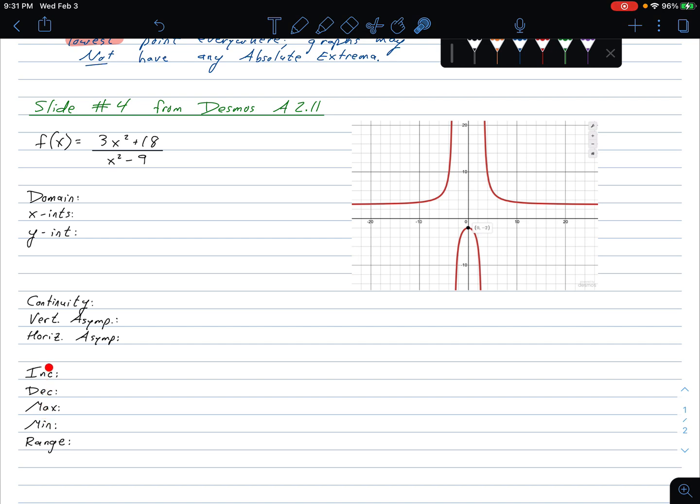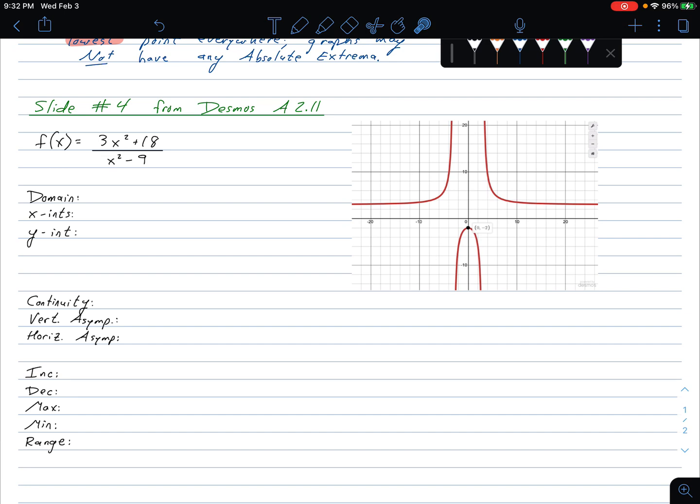So instead of having increasing, decreasing, then asymptotes, then max and mins, I put these 2 together, asymptotes, because that's related to continuity and domain. Increasing, decreasing, the points where I fluctuate are my maxes and mins. So I like to write it in this order. Doesn't mean you have to, but this is probably the way I'll kind of mentally do it most of the time. And those top 3 things, domain, x, y intercepts, and continuity, are in our mind the most important.